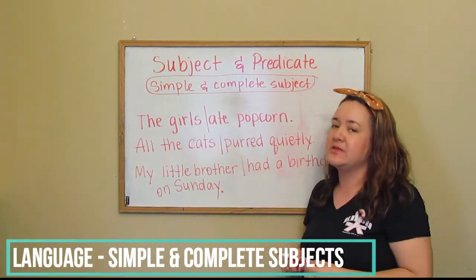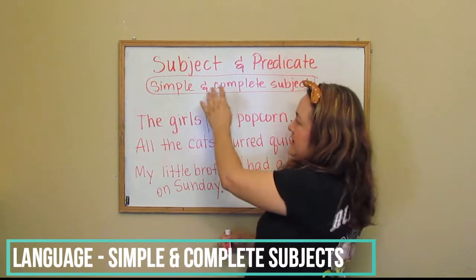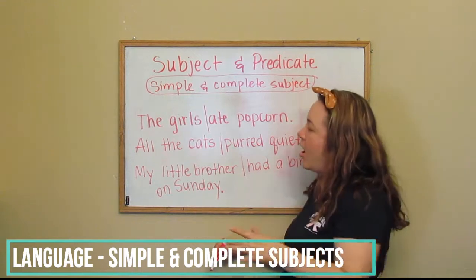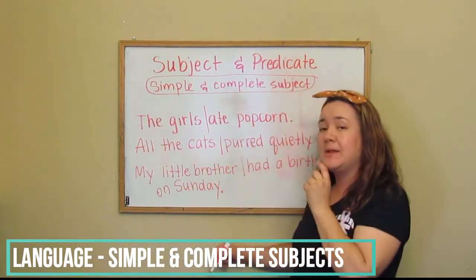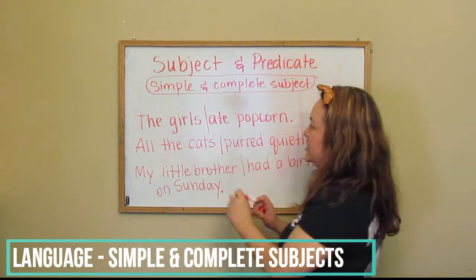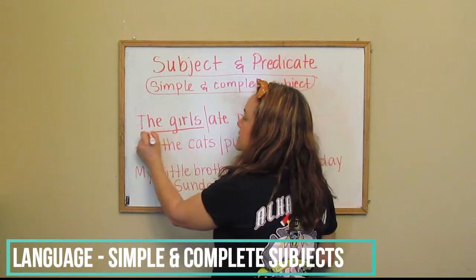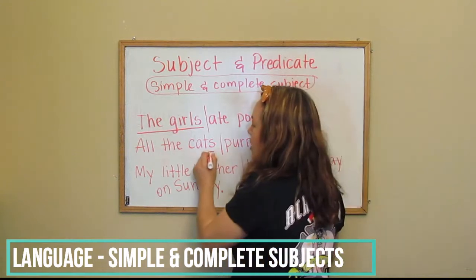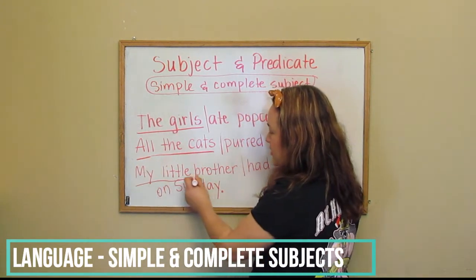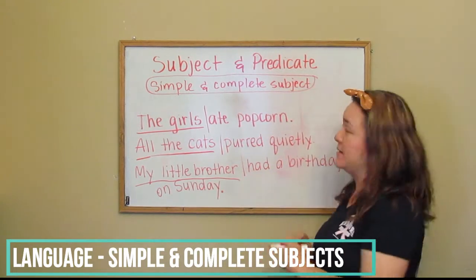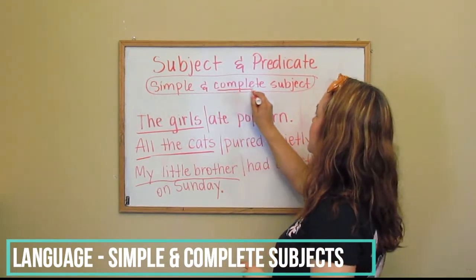So really the difference is, it's actually very easy. Complete subjects are going to be all these words in front of the line. So what I'm going to do is underline the complete subject. So the girls, okay, all the cats, and my little brother. That is going to be our complete subject, and I'm going to put an underline there.